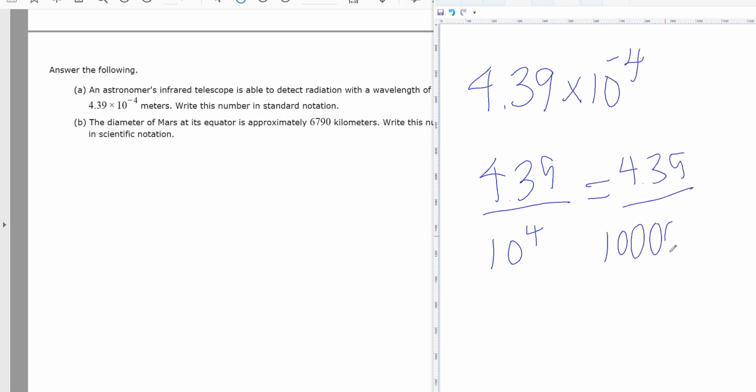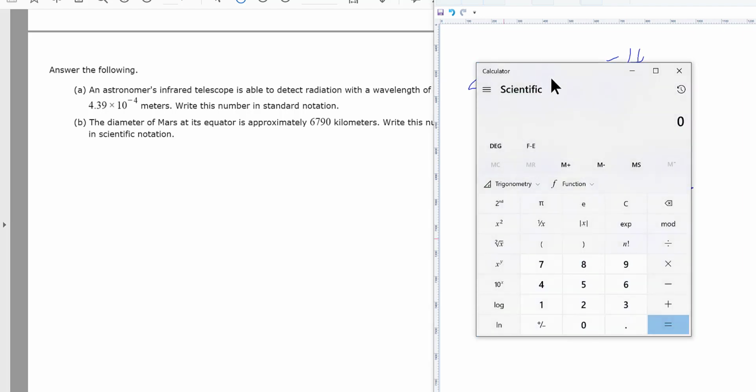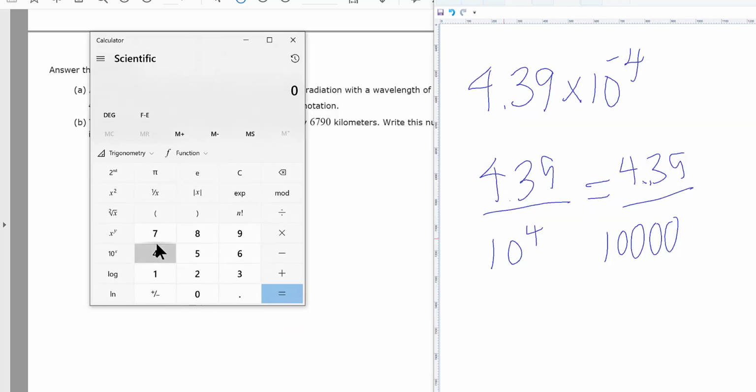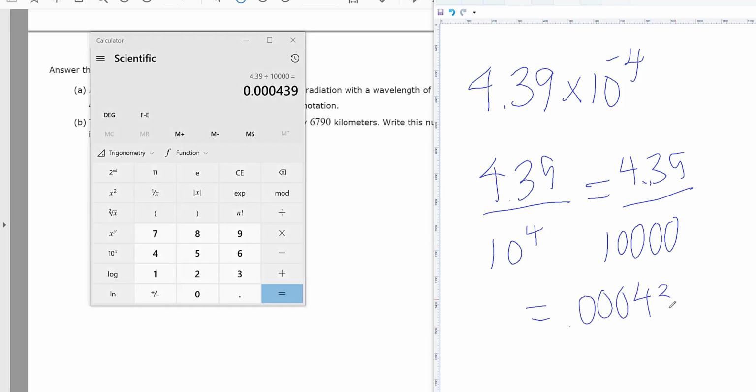But let's look at what happens on the calculator. If I take 4.39 and divide it by 10,000, I will get 0.000439.